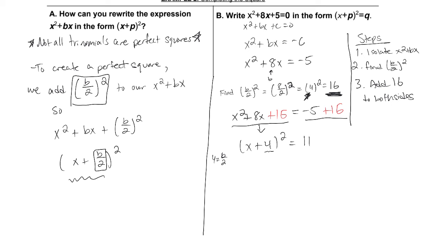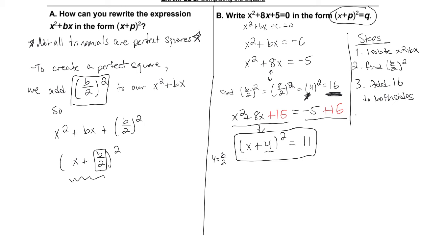Now we have put it in our form x plus p squared equals q. This is what we were looking for. This is just completing the square and setting it up, and further on, we'll go over how to solve them.